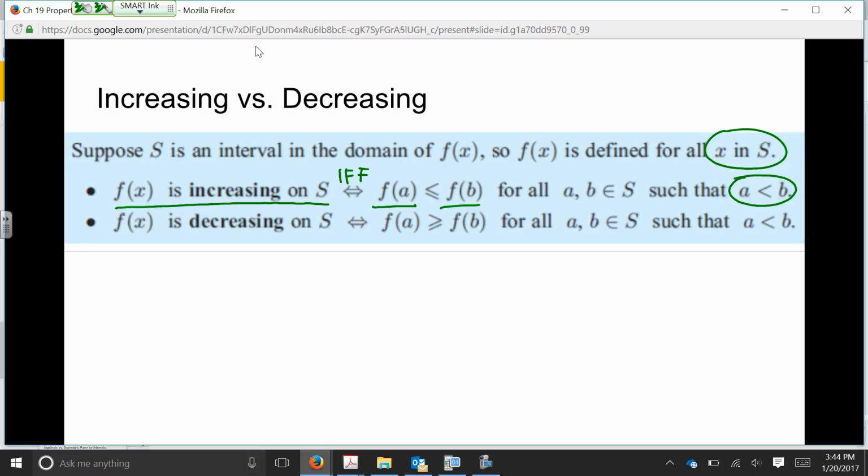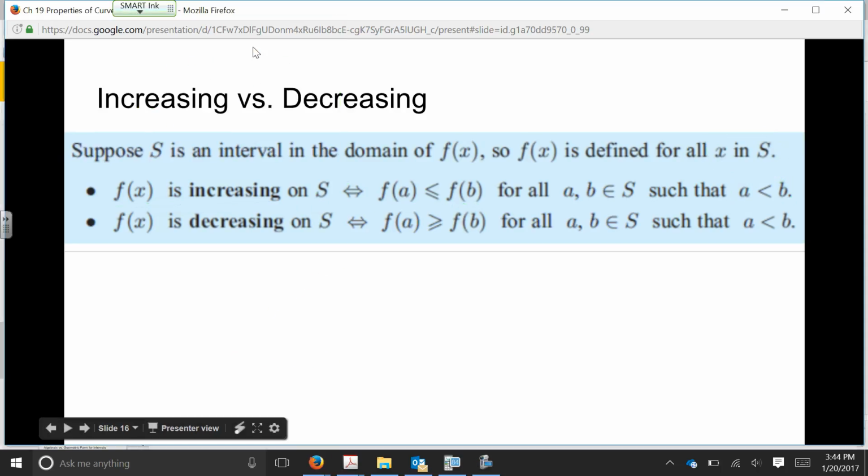Basically, the idea there is that if I have some point a and some point b, if it's going up from a to b, then we say the function is increasing. Obviously, the opposite is true there. It's decreasing if it's doing the opposite.